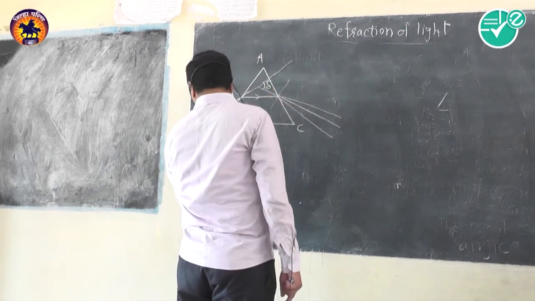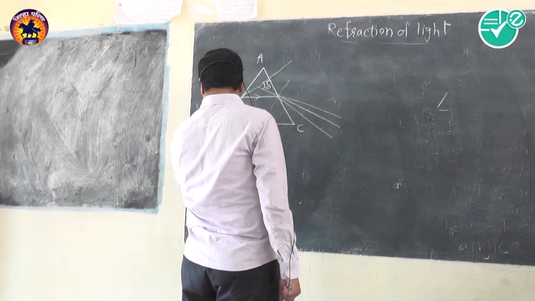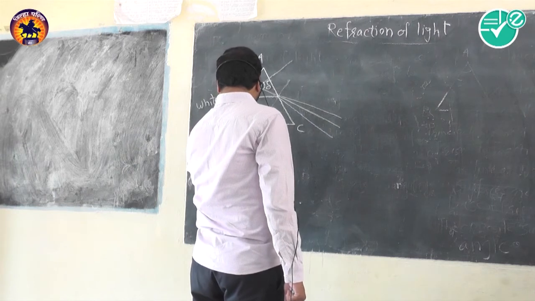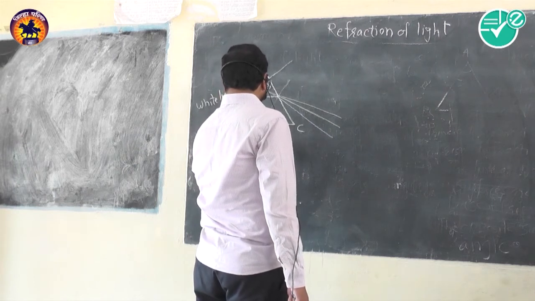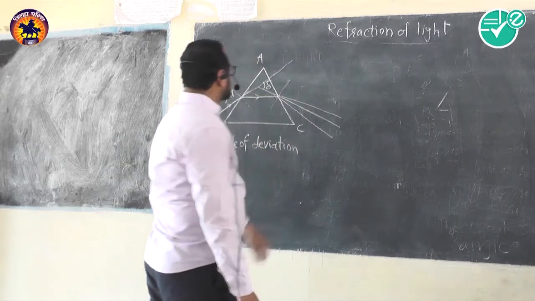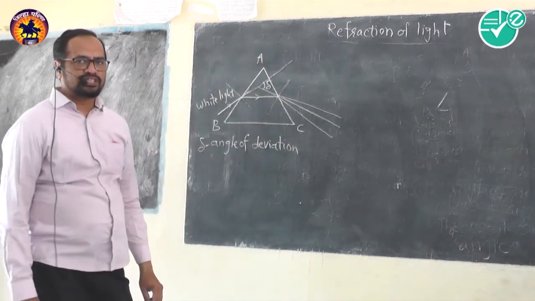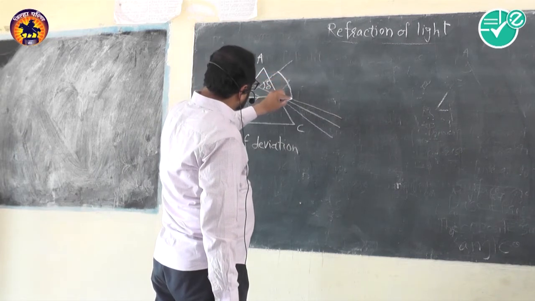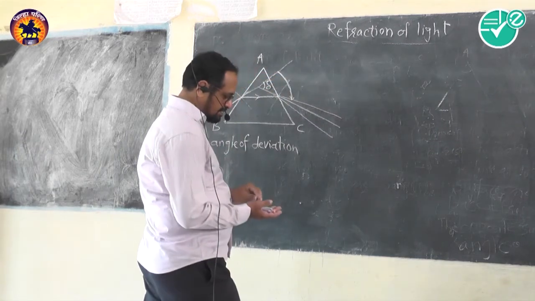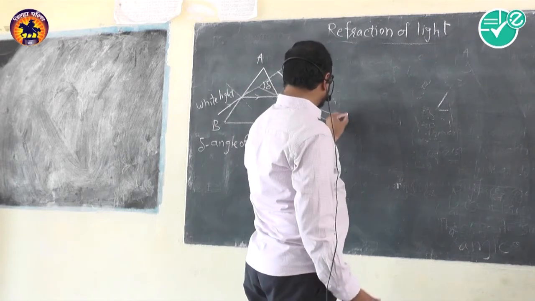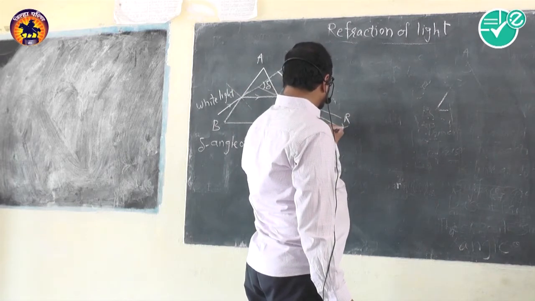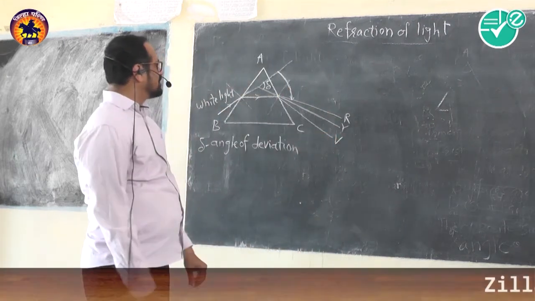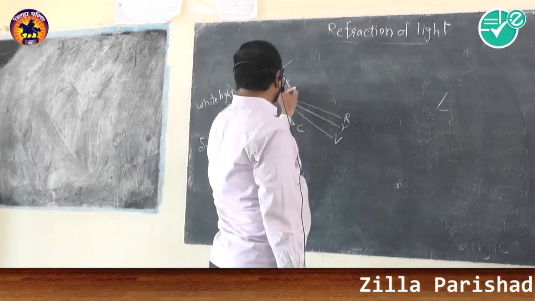Delta means angle of deviation. Now here is the angle of deviation. We will take first the angle of deviation for red color. This is the red color, it is the yellow color, and it is the violet color. So you see that here is the angle, that is delta R.